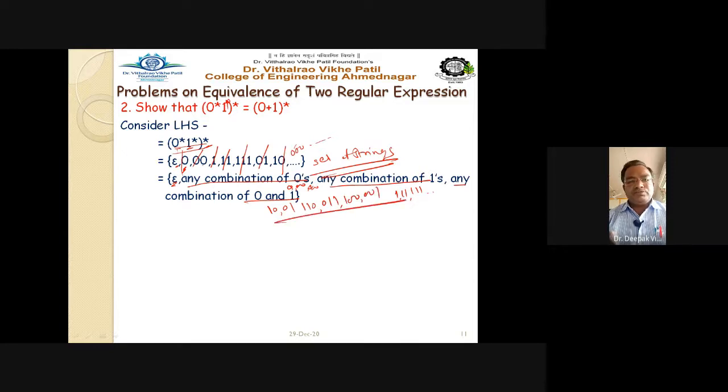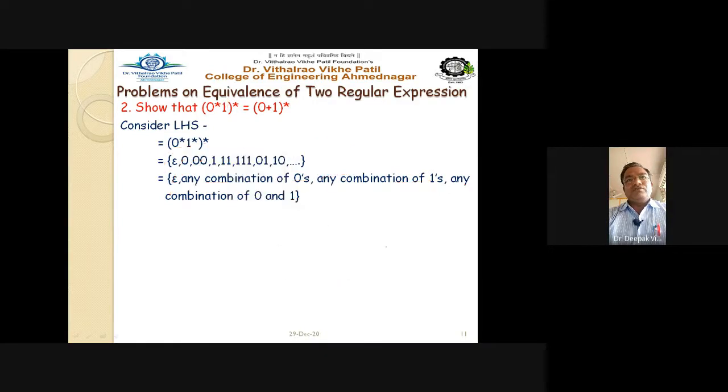So any combination of 0 and 1 is possible. Meaning, this left hand side gives epsilon, any combination of 0, any combination of 1, or any combination of 0 and 1.